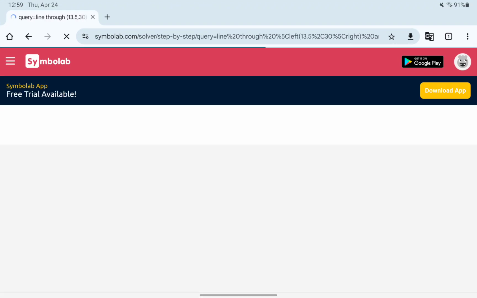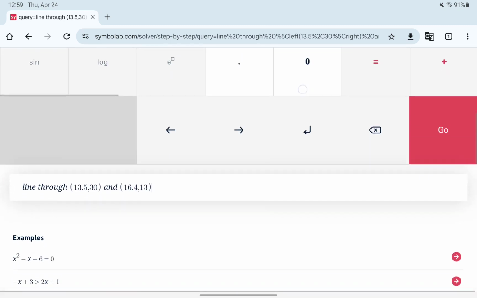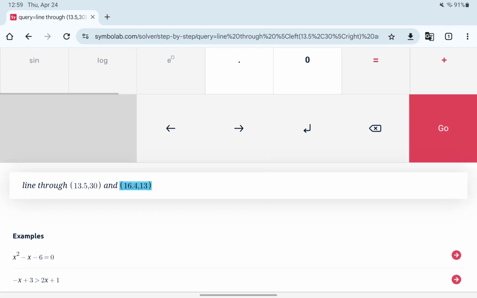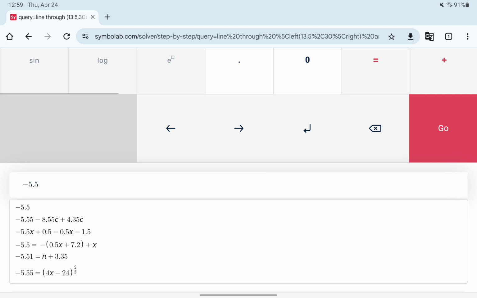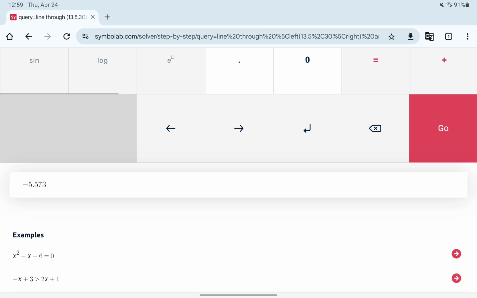To do that, we can switch back to Symbolab. And to evaluate an expression at a given value, we can enter negative 5.5738p plus 104.4098 for P is equal to 12.3.